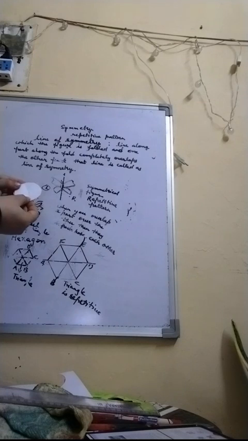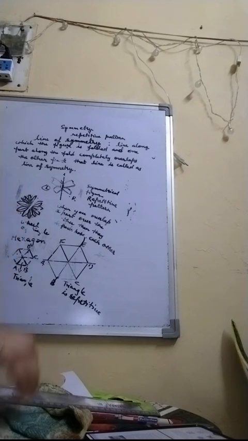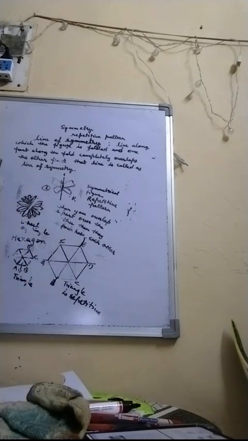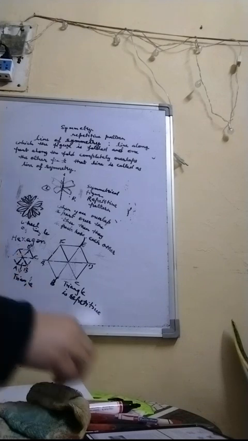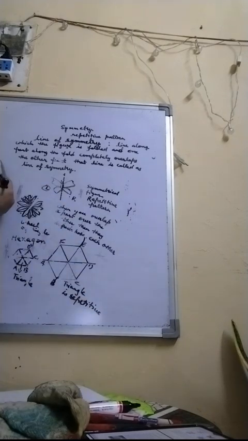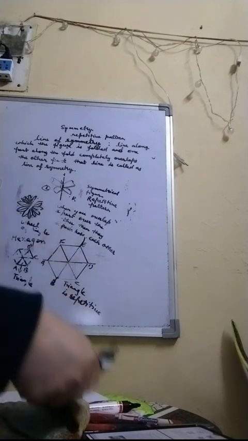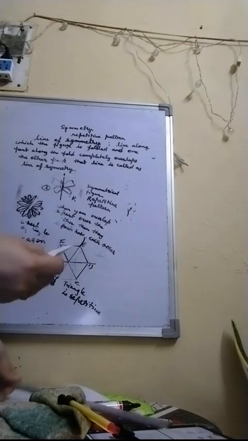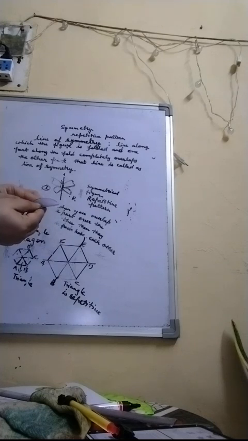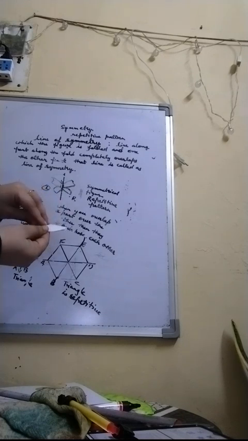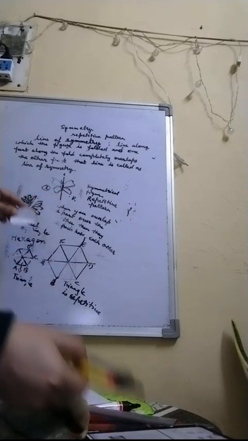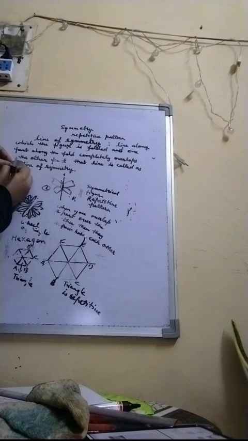This is a circle. Now I fold this circle along the diameter of the circle. What is a diameter? The line joining two points passing through the center is the diameter. If I fold along this diameter, one part of the circle completely overlaps the other part. So this diameter is the line of symmetry.